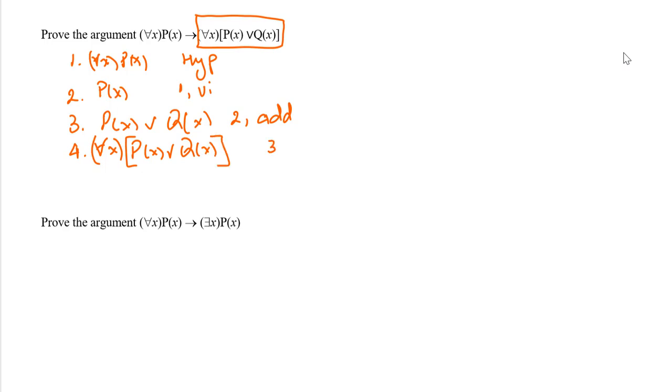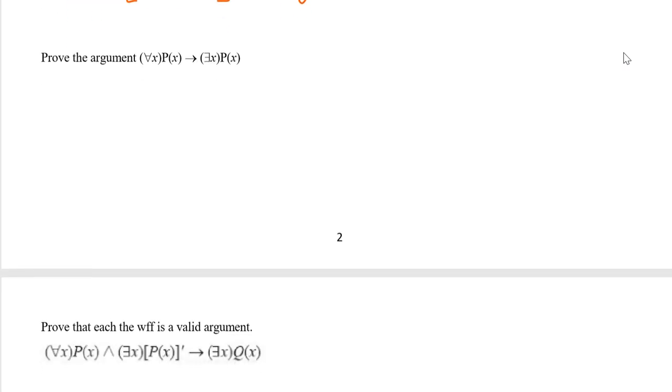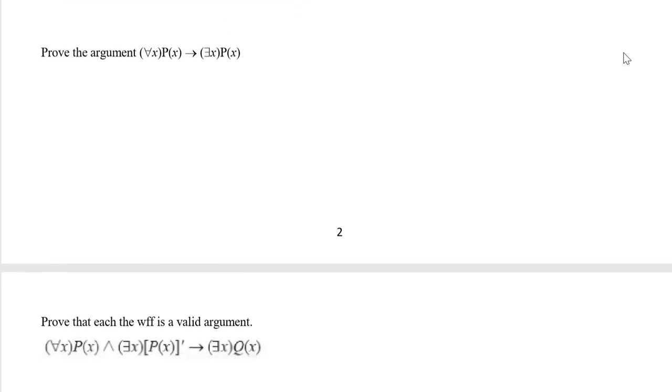So what I'm doing, I'm taking 3 and I'm using universal generalization, to reinsert the quantifier again. So again, very simple. Take the hypothesis, either you remove the quantifiers and strip them, and then do manipulation, and then insert back the quantifier if needed.